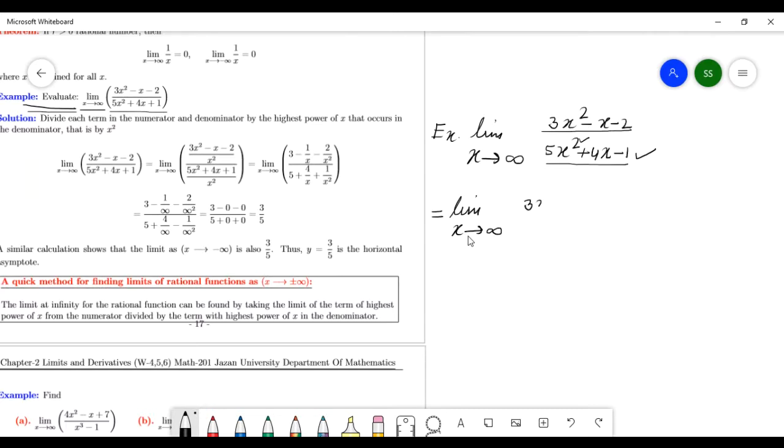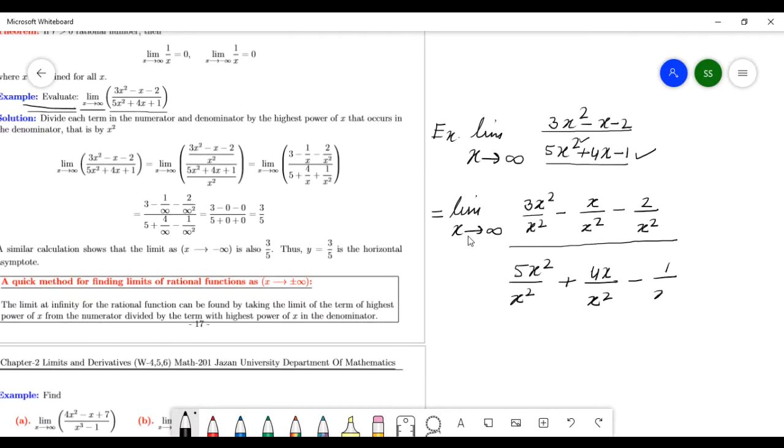Here 3x square divided by x square, and minus x divided by x square, minus 2 divided by x square. Then the full term divided by 5x square divided by x square, okay, and plus 4x divided by x square, minus 1 divided by x square.